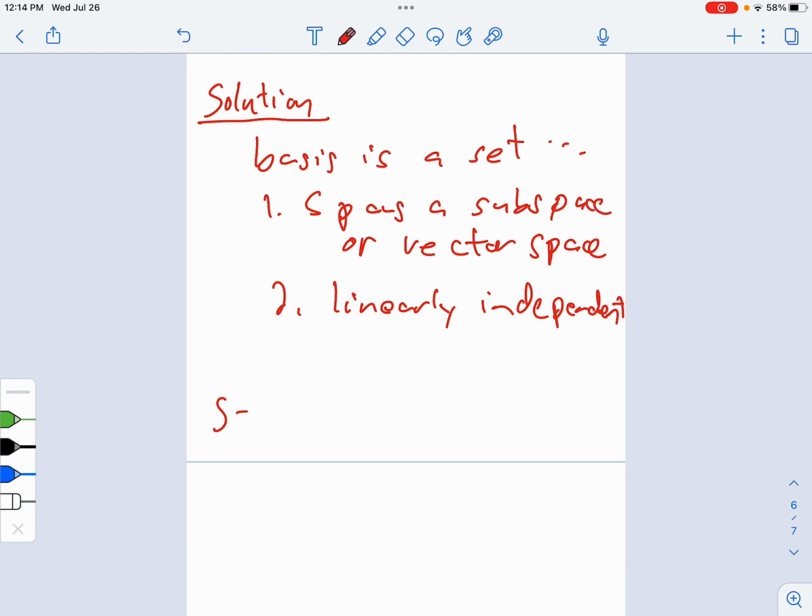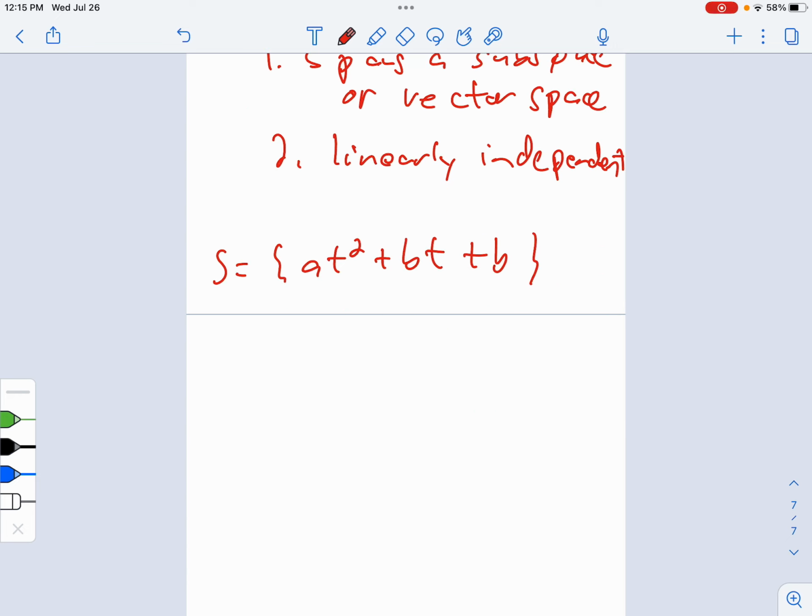which means that you have to start by finding some vectors here. Now, if you look at that set, at squared plus bt plus b, you can rewrite that expression as follows. You can write it as a times t squared plus, and then I'm going to factor the b out of the bt and the b, and you get t plus 1.